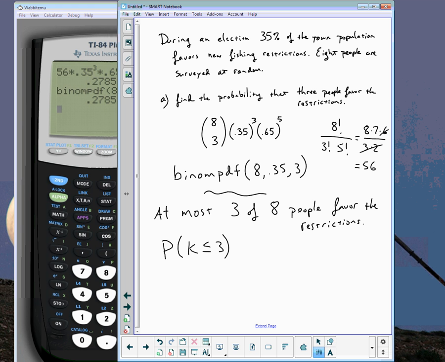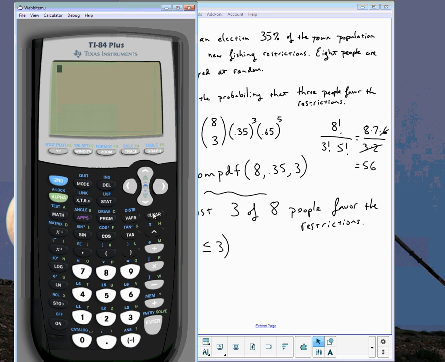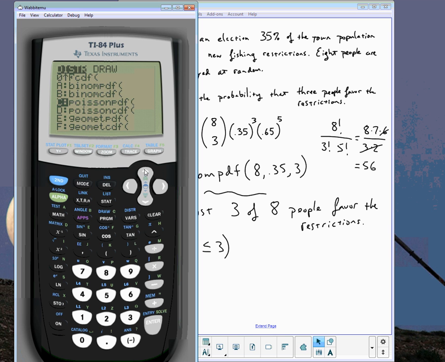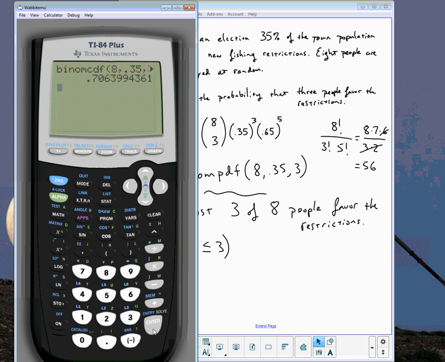Cumulative density, and we want 0, 1, 2, and 3, right? Binomial CDF, 8, 0.35, at most 3: 0.706.